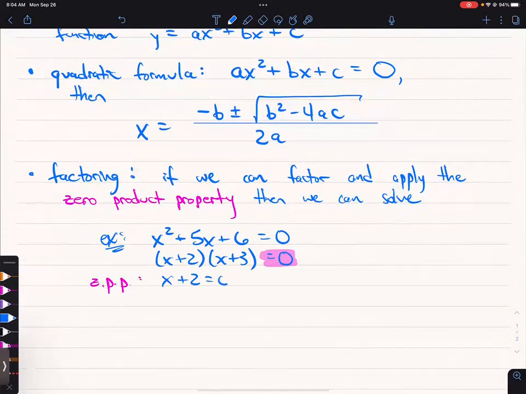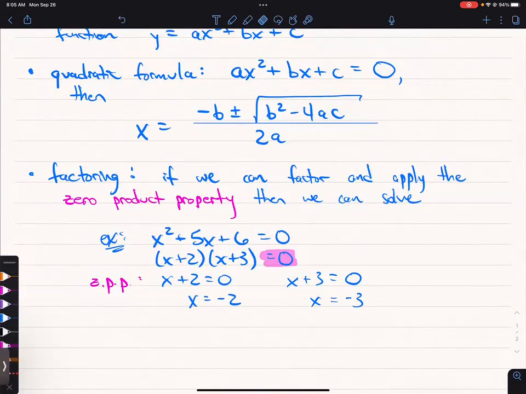Split the factors up, because the only way you can multiply things and get 0 is if one of them is 0. And then just solve the individual smaller linear equations. You get -2 and -3, which are the solutions to that.